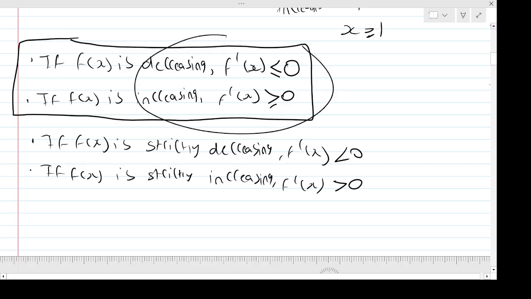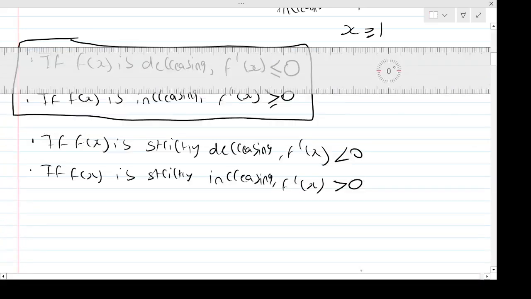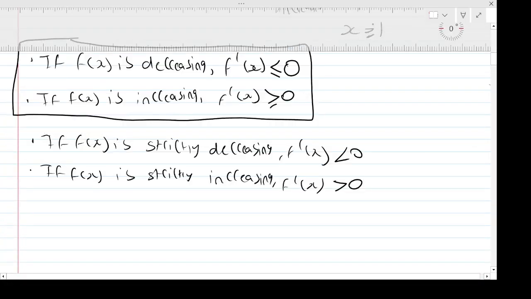As long as you recognise that inequality: decreasing if the gradient is negative, which means the curve is going down; increasing if the gradient is positive, which means the curve has to be going up. Okay, cool. So now we have a mathematical way of showing things are increasing or decreasing, right?